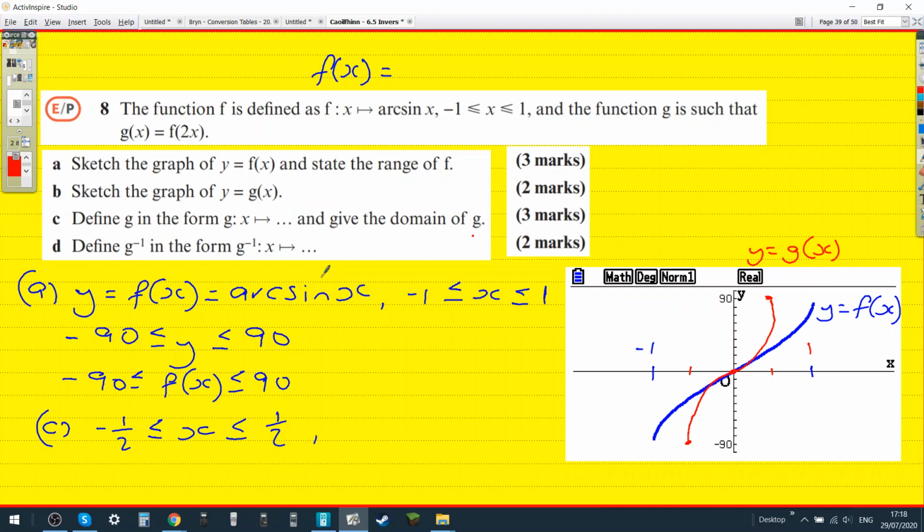I'm not really sure. G such that x maps onto, I believe it is just... I don't know. The g of x is equal to the f of 2x. Another way to write that is the f of 2x like that? I don't know, I have to check.